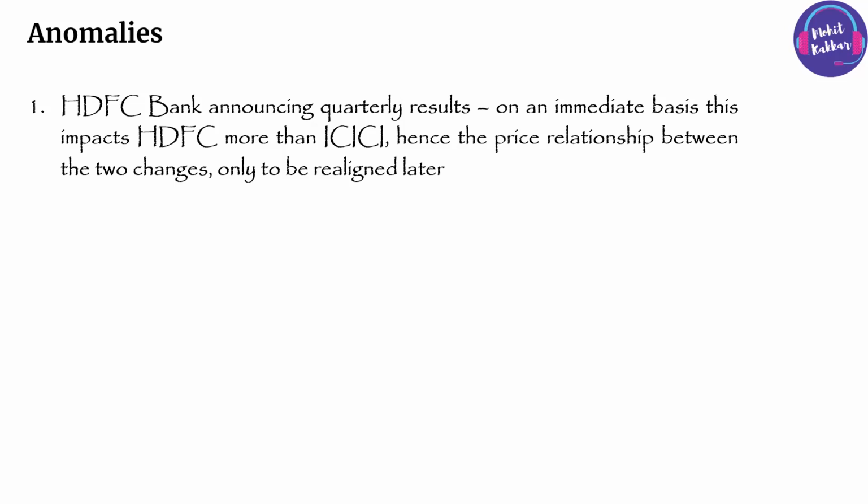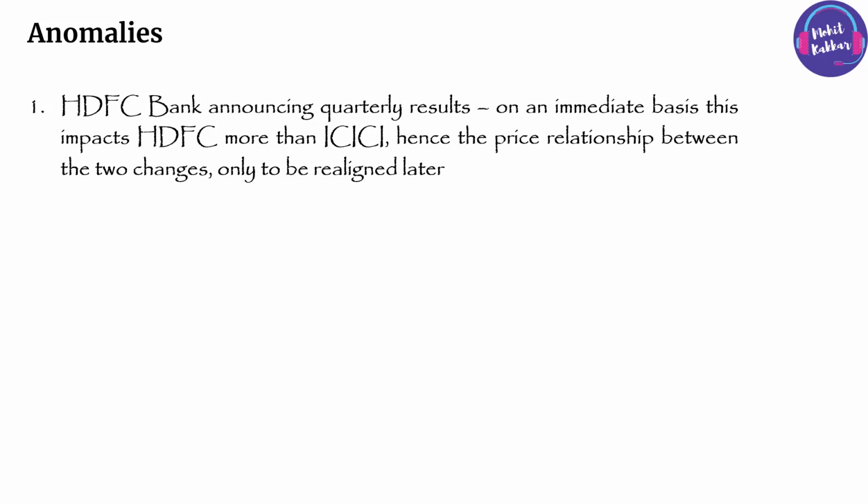So when does an anomaly get created? You will have this common question: when will HDFC Bank not behave like ICICI Bank? Let's say there are cases where HDFC Bank is announcing results today, but ICICI Bank would announce results 3 weeks after.